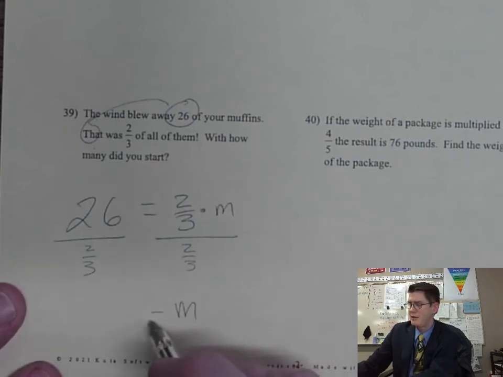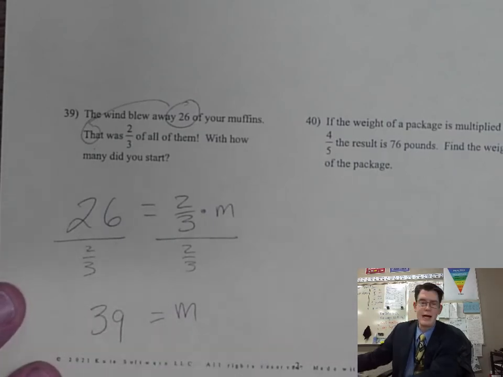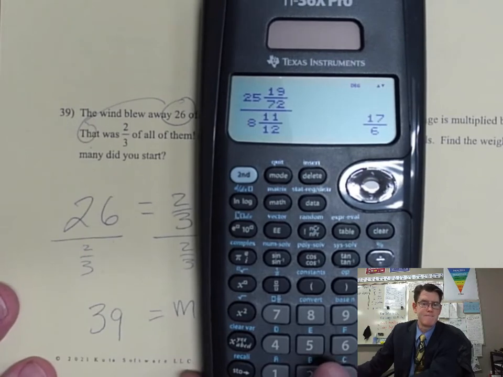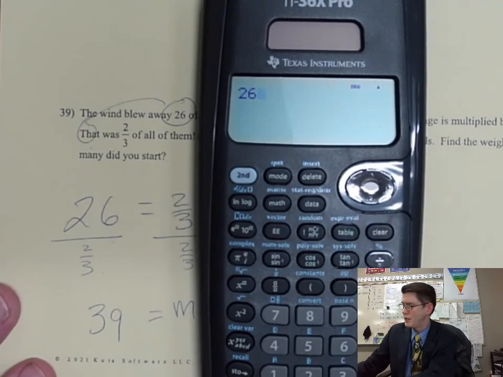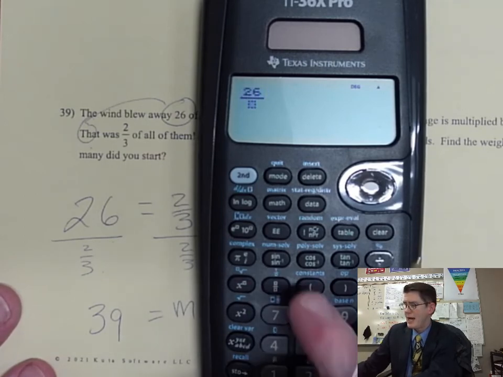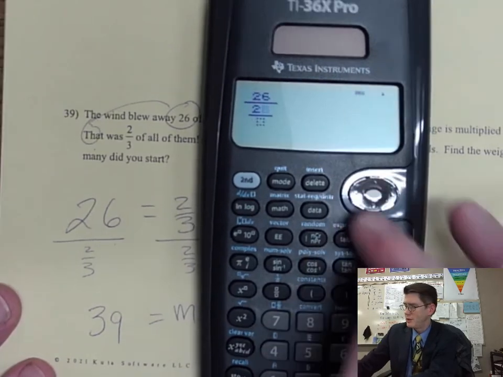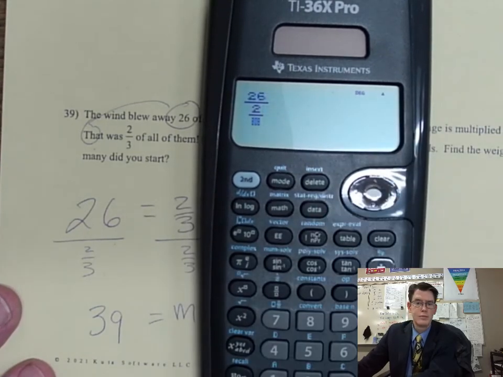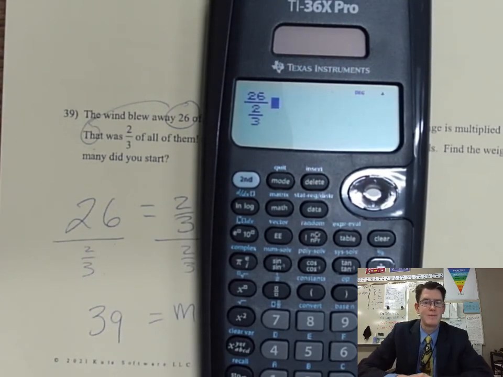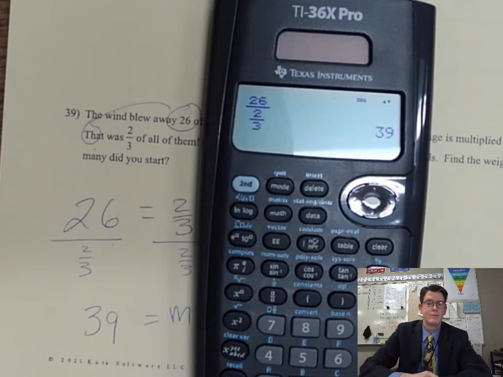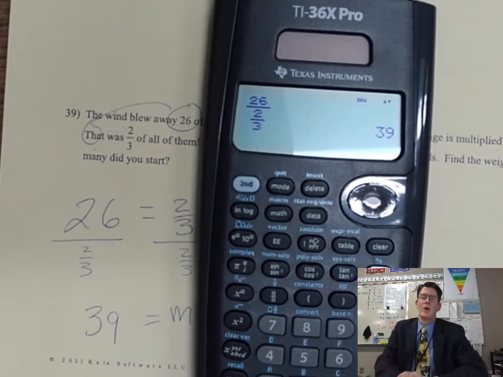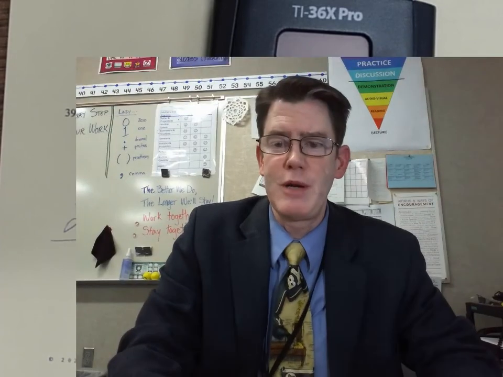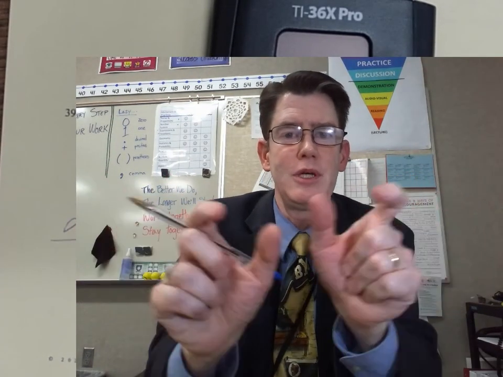If you type in 26 divided by 2/3, you'll get 39, and I'll show you how. 26 divided by, and I'm dividing by a fraction, 2/3. 26 divided by 2/3. Enter. 39.